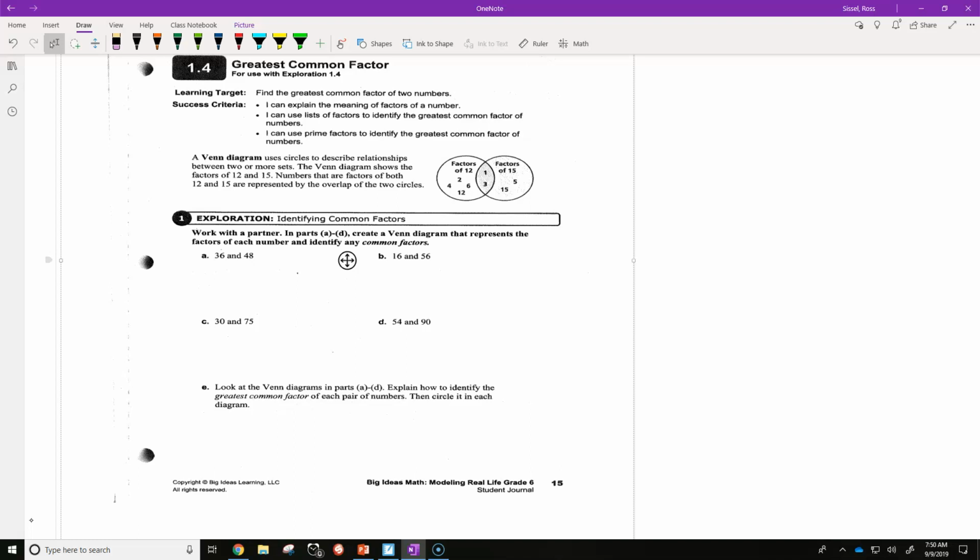Yours should be, what color is yours? Green. You should have a green label in the silver basket. Alright. We're only going to do pretty much one exploration today.